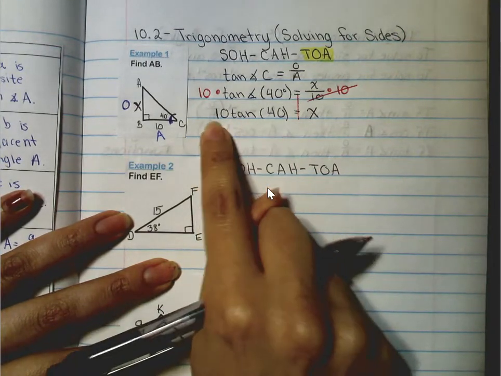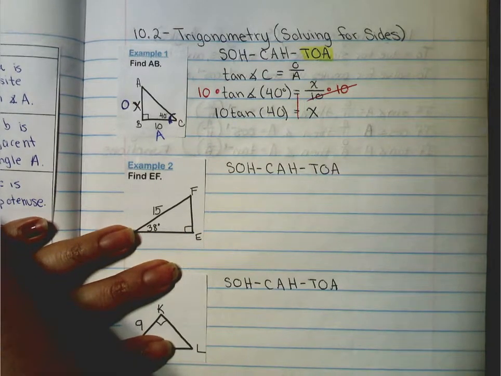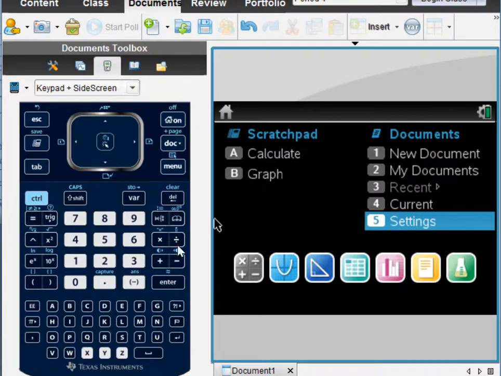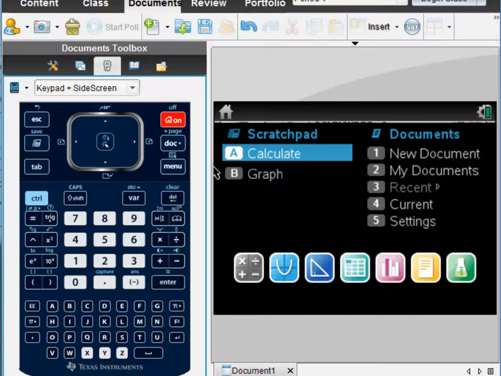This part I can type into the calculator, and I'm going to show you how to do that. Before I do that, I want you to go back to your home screen, and make sure that your calculator setting is in degree mode.